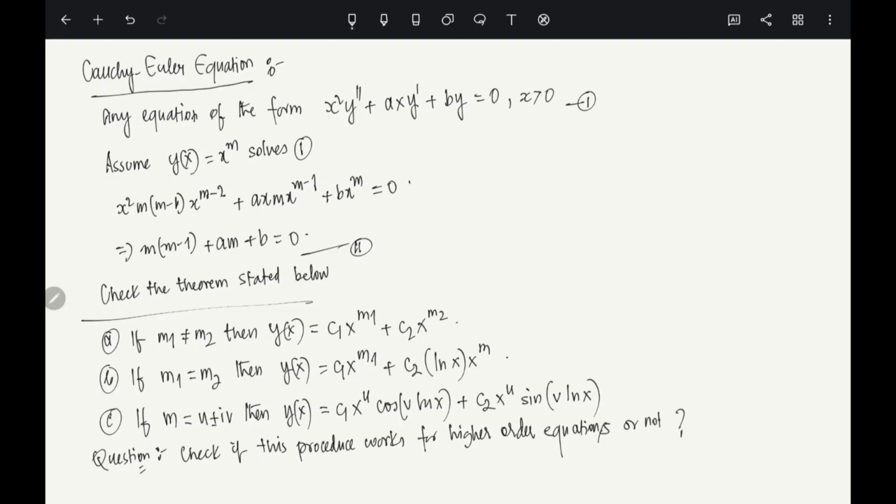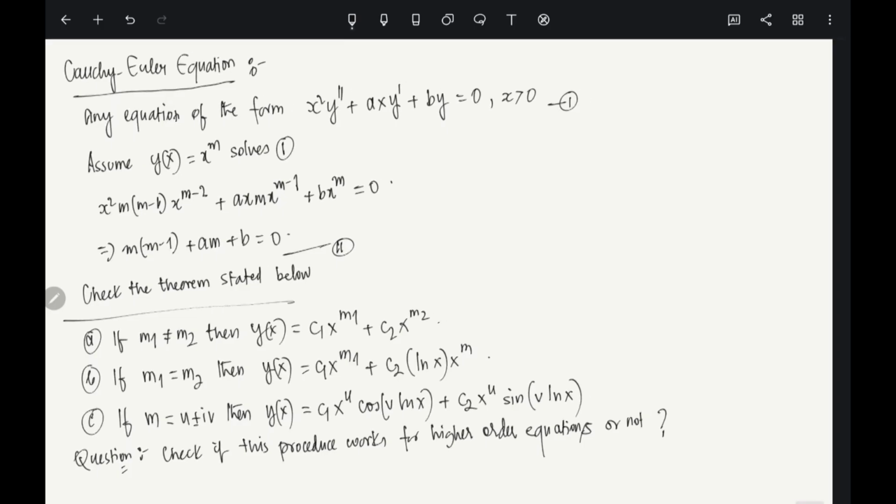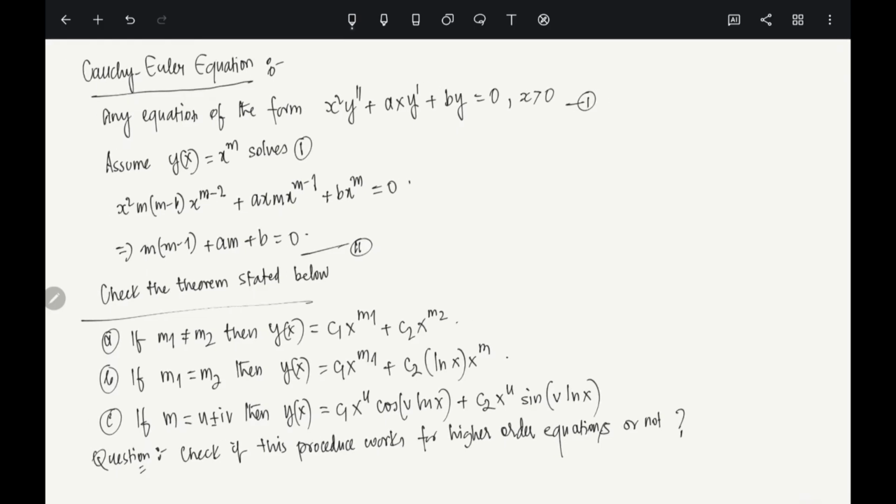Essentially it should work, right? Because what you are doing is basically reducing an ODE to an algebraic equation. It can be quadratic, third order, fourth order, right? If you can solve that algebraic equation, you have all the possible ways of finding the solutions. So please do that.